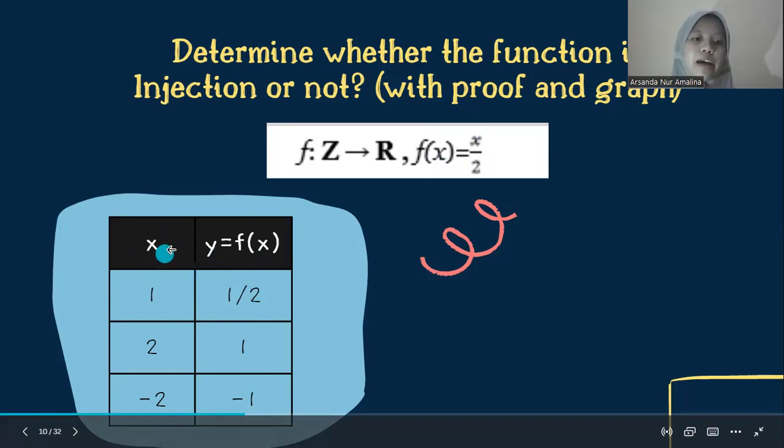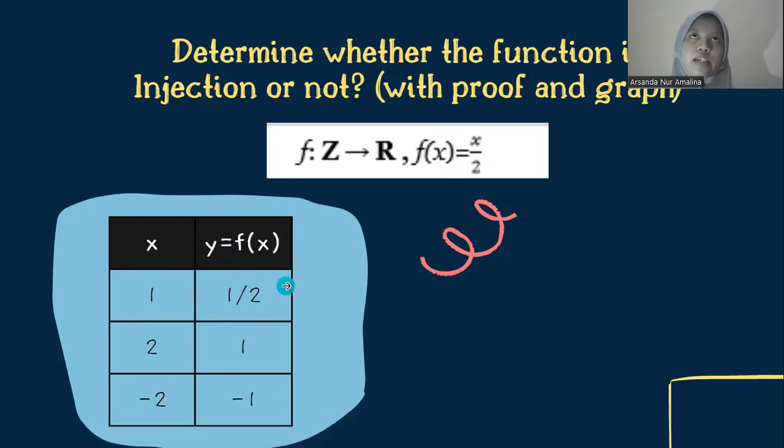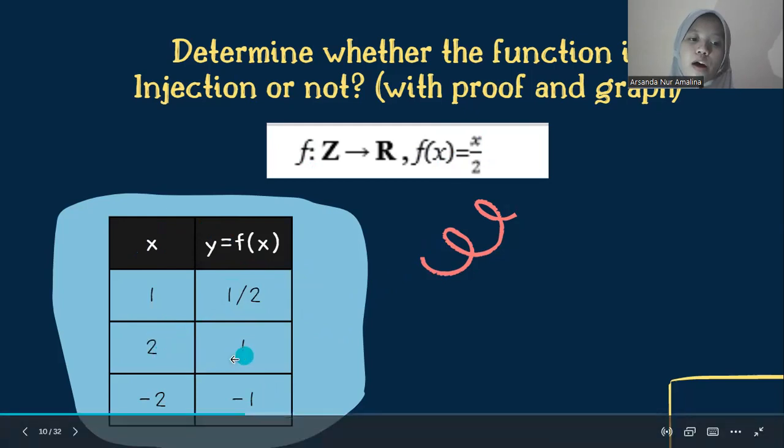From x and y we get the ordered pairs that can be drawn in the graph, and we can connect them dot by dot: connect (1, 1/2), (2, 1), and (-2, -1) in the Cartesian diagram.